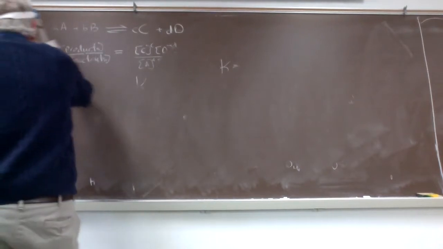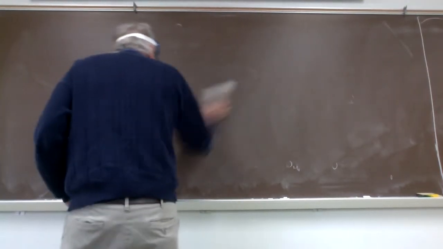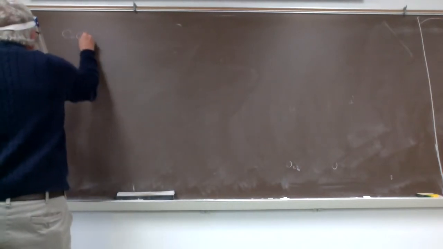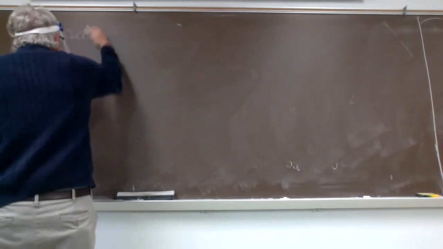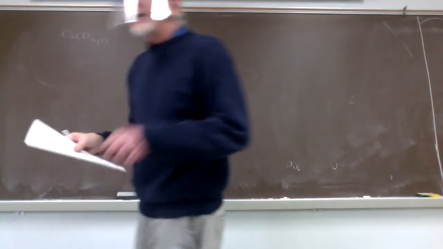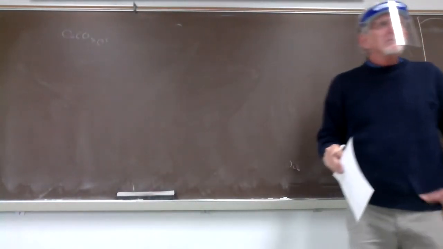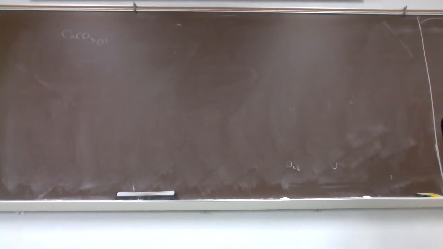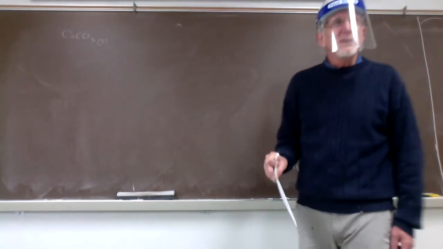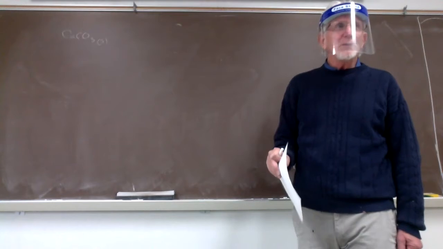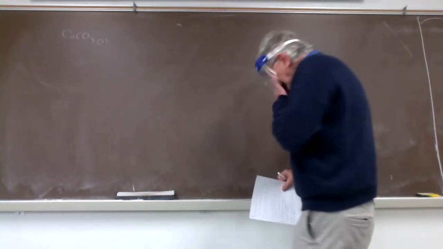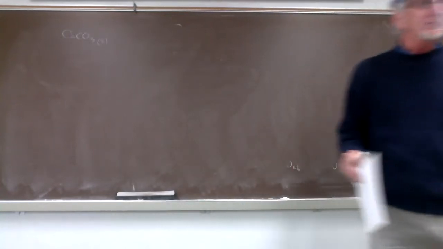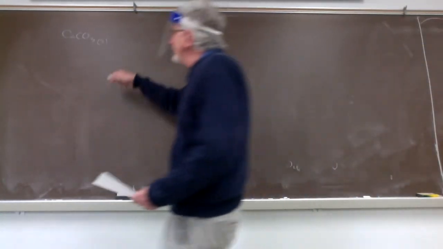And let's look at this chemical reaction. What's the name of that ionic compound? Calcium carbonate. Chalk dust. Calcium carbonate, solid.